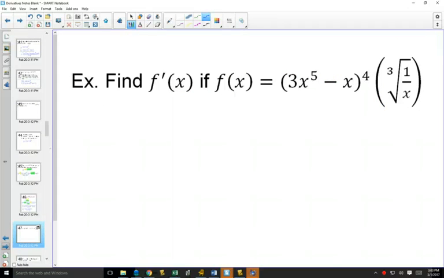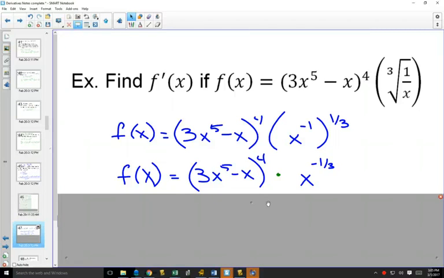However, on a quiz or a test, you'll often be just asked to find the derivative, and you won't have to simplify it. So that's what we're going to do for this one. We're just going to find the derivative and not simplify it. I'm going to give you some time to try it first on your own, and then I'll put up the answer.